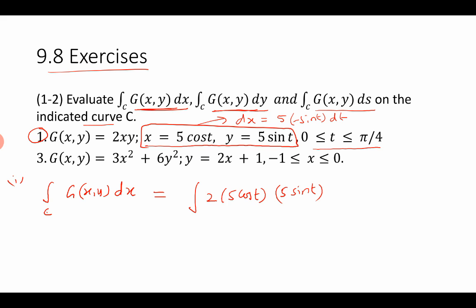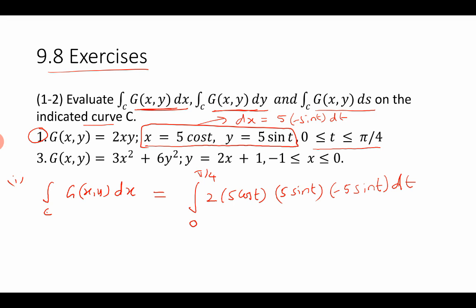So dx is negative 5 sin t dt, and everything is now a function of t. So it is a one-variable integration now, from 0 to pi over 4.